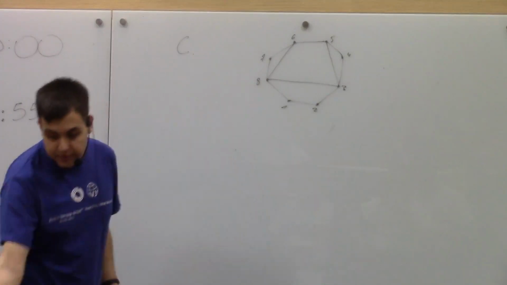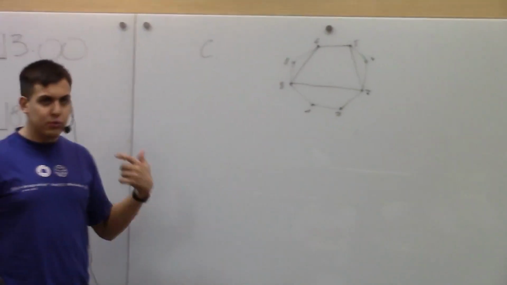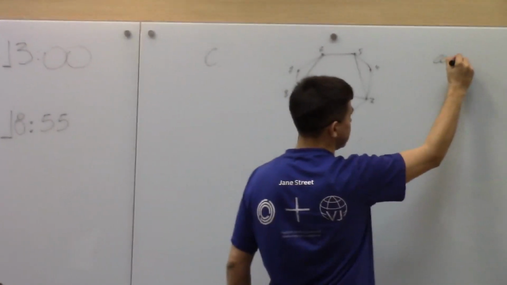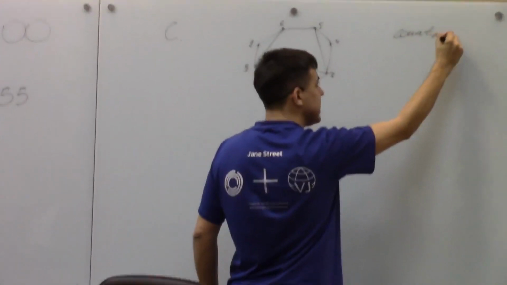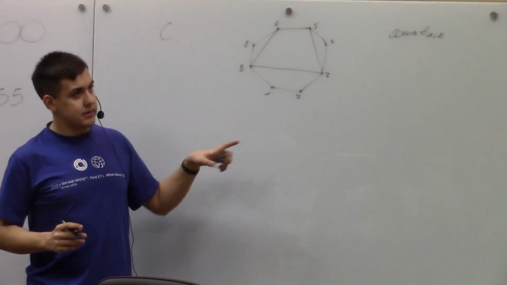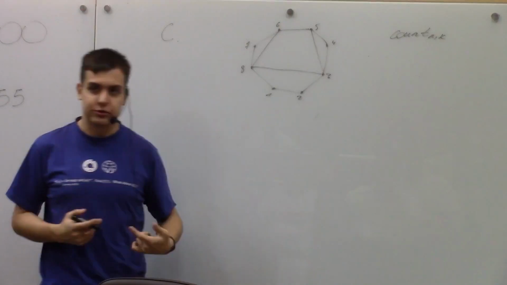Okay, let's see. Let's use dynamic programming. Let's define count(n, k) as the number of ways to cut a polygon with n vertices such that there are k triangles.